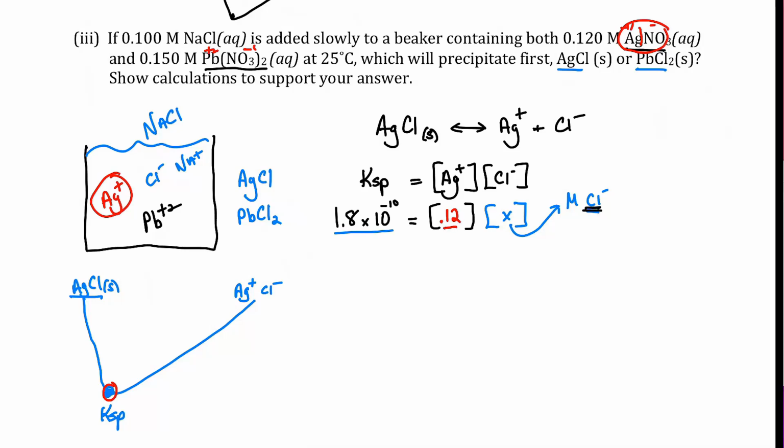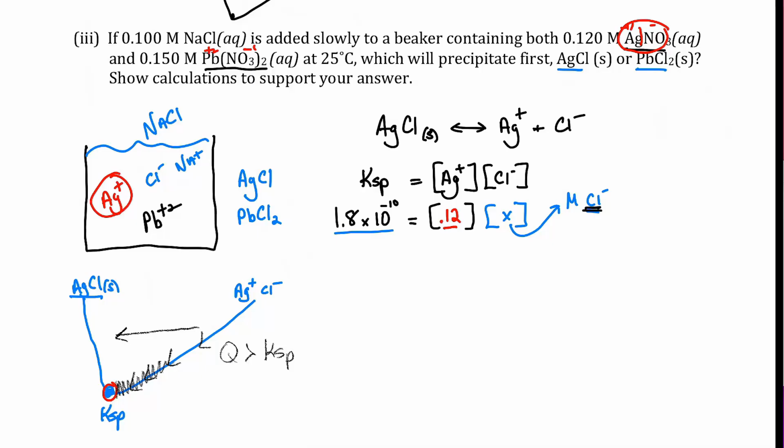And what that means is any value greater than that is going to take me into this area where Q will be greater than the KSP, and we would work this way. And that'd be, of course, working toward the solid and having it precipitate. So any value greater than that in this area is going to work backwards. So that'd be like our threshold.